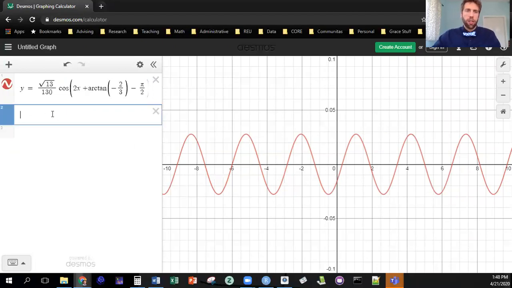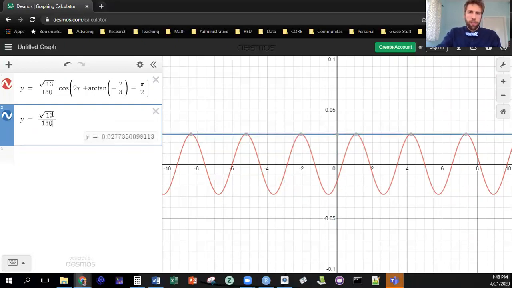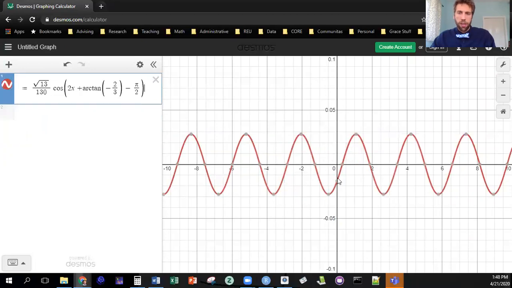So if you graph y equals square root of 13 over 130, that's the amplitude. That's how high it's going. And then it's a cosine, but it's been moved back because it's a negative number I have there. So it's been moved back, so it's off phase.